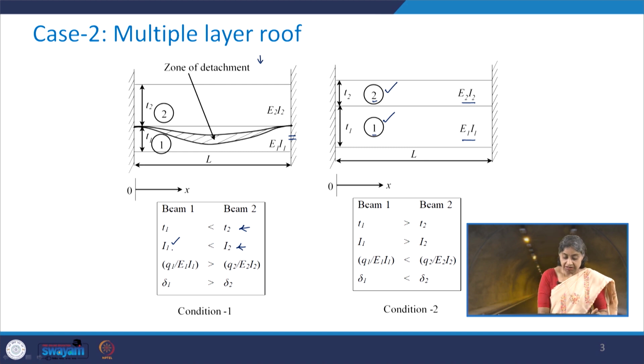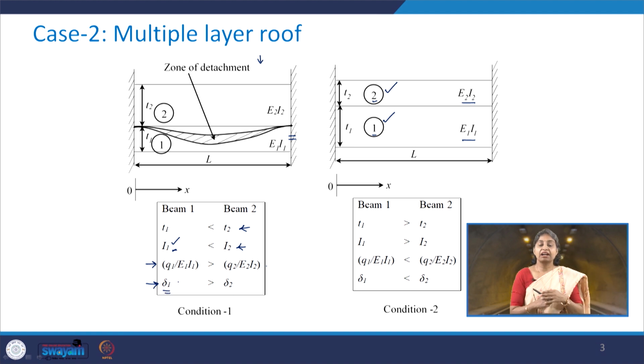Accordingly, if Q1 by E1 I1 is greater than Q2 by E2 I2, then we can have delta 1 which will be more than delta 2.